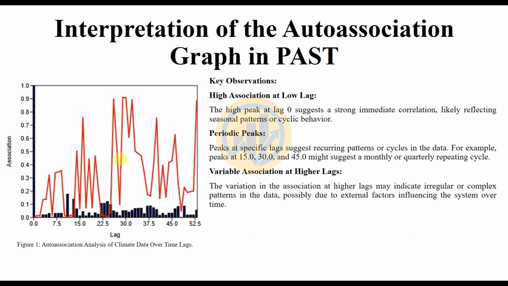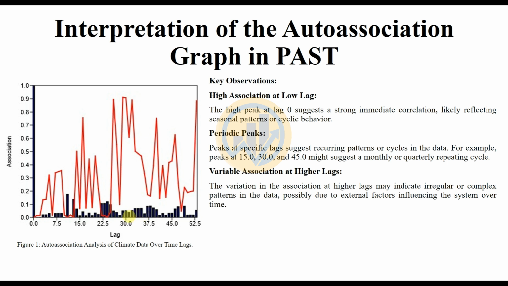The next part is the key observations of the autocorrelation graph. First, high association at low lags. A high peak at lag 0 suggests a strong immediate correlation, likely reflecting seasonal patterns or cyclic behavior. Periodic peaks at specific lags suggest recurring patterns or cycles in the data.